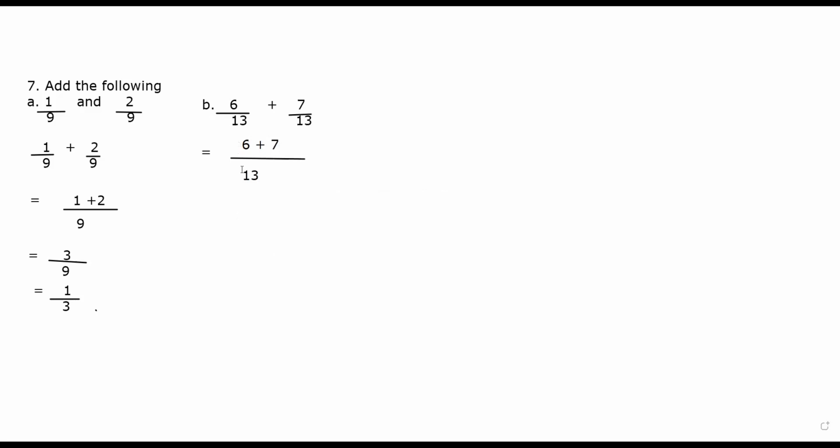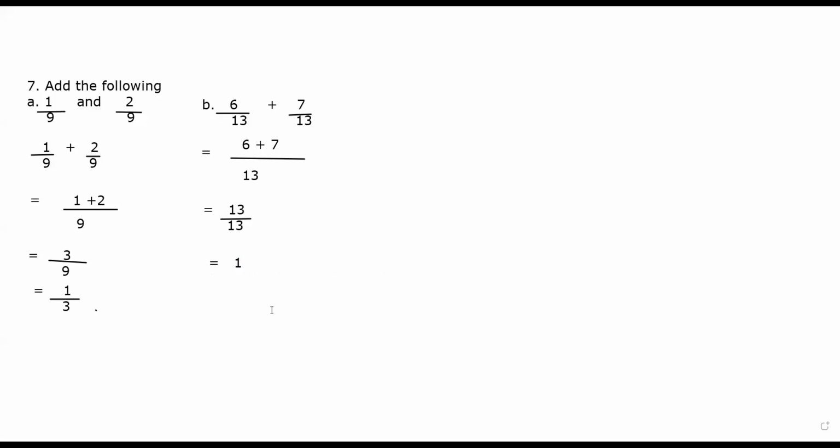My dear student, you know that this is very easy. The equation will become 13 upon 13, and we cancel out this 13 by 13, and this will become 1. Okay. This is how we have to solve this equation.